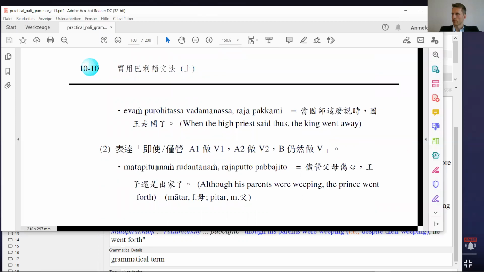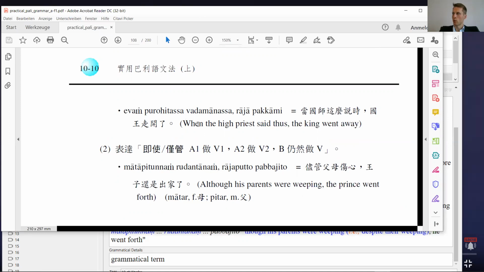So here one more time, mātāpitūnaṃ rudantānaṃ rājaputto pabbajito, although his parents were weeping, the prince, rājaputto, went forth. Or evaṃ purohitassa vadamānassa rājā pakkāmi.